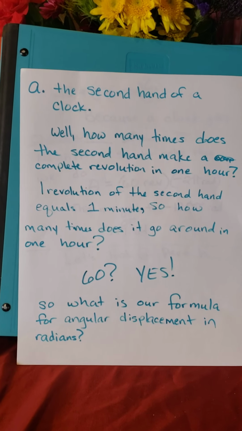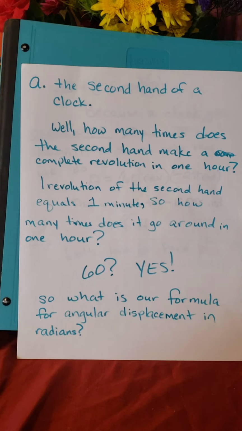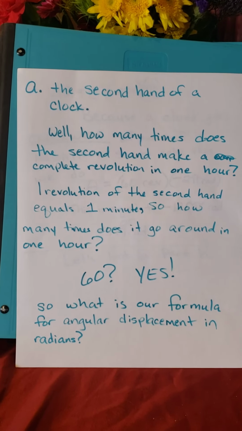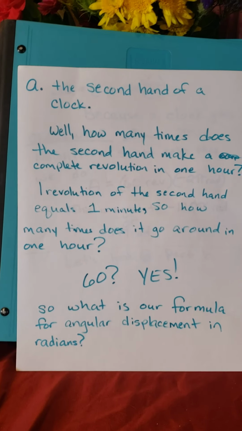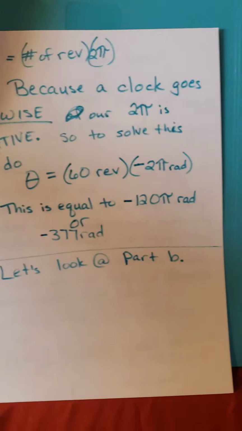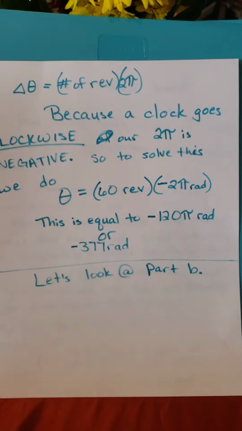Since we are looking for the movement of the second hand in 1 hour, we use 60 revolutions. Once we know that, what is our formula for angular displacement in radians? Well, I'm glad you asked.